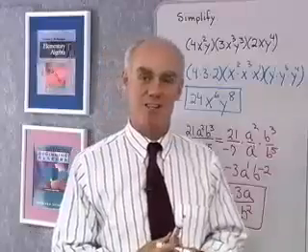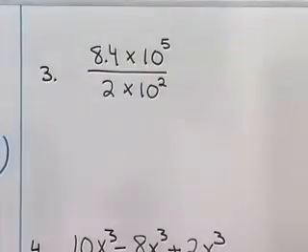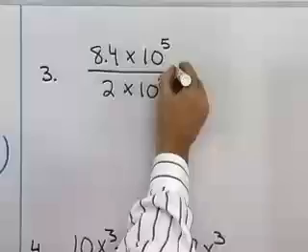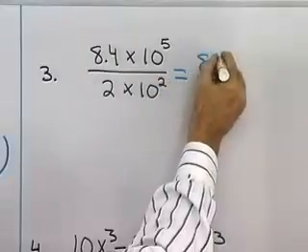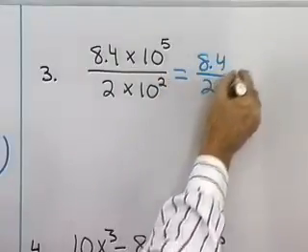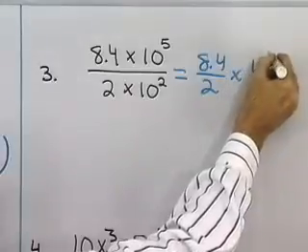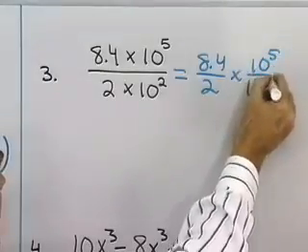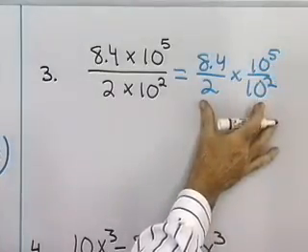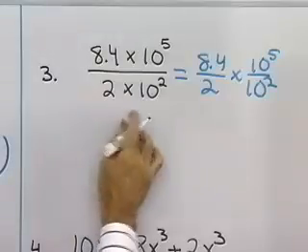Here's one that involves scientific notation. Same type of problem, except that I'm writing in terms of scientific notation, so I'm going to do the same thing and write this as 8.4 divided by 2 times 10 to the 5th over 10 to the 2nd. I can do that because if I multiply these two fractions, I get this fraction right here.